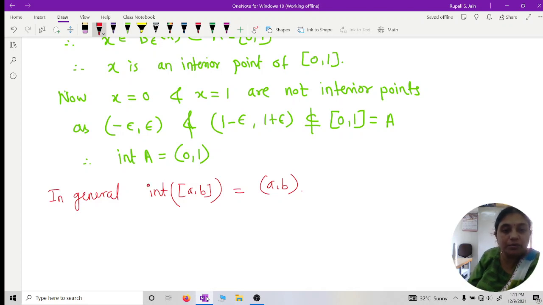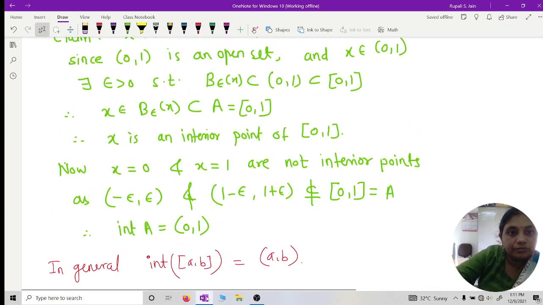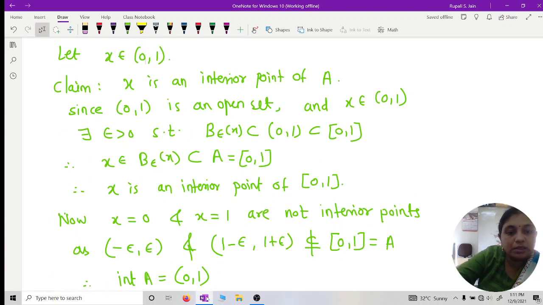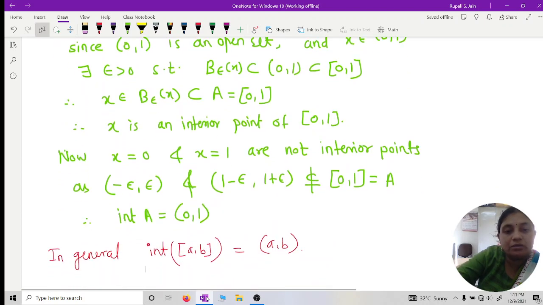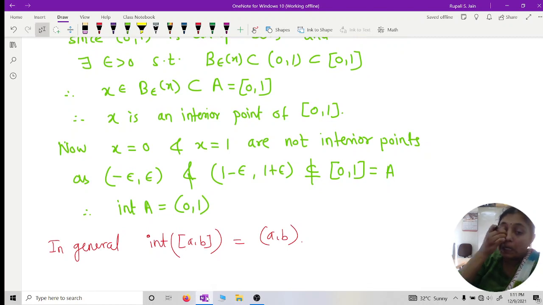In similar lines we can prove that x equal to 0 and x equal to 1 are not interior points because we cannot have an open ball which is contained in the closed interval [0, 1]. Therefore the interior of A is the open interval (0, 1). Similarly we can prove that the interior of the closed interval [a, b] is nothing but the open interval (a, b). Okay.